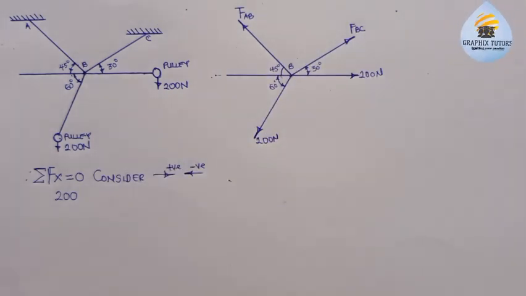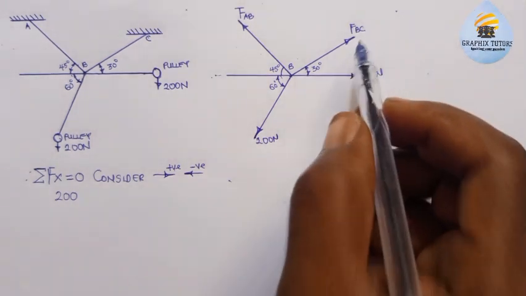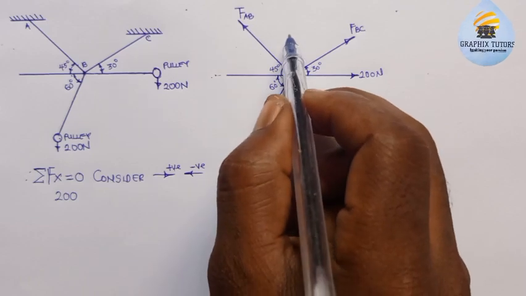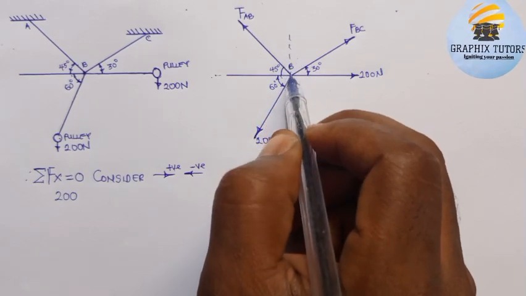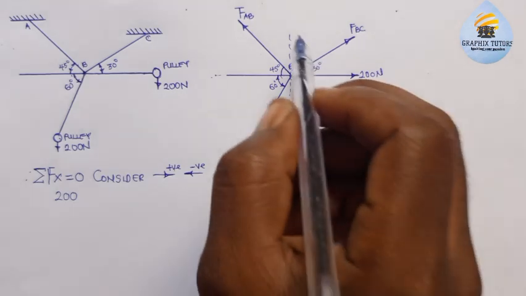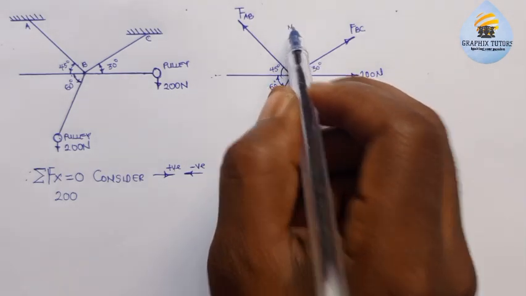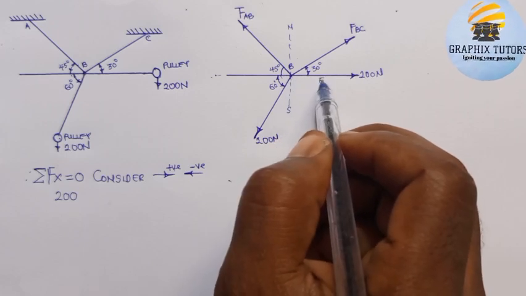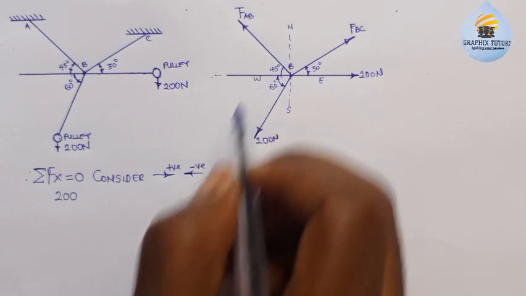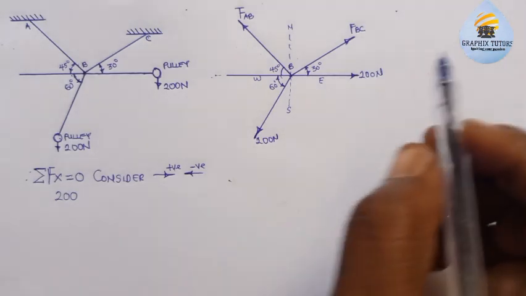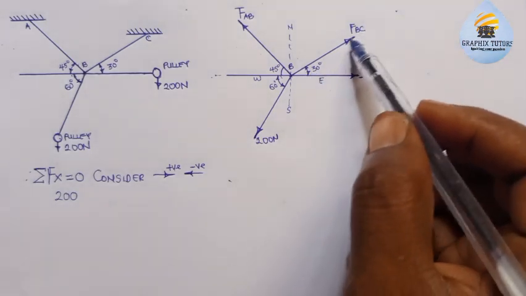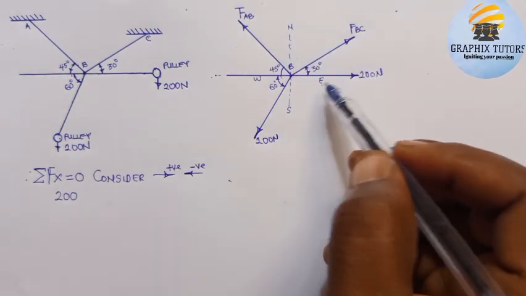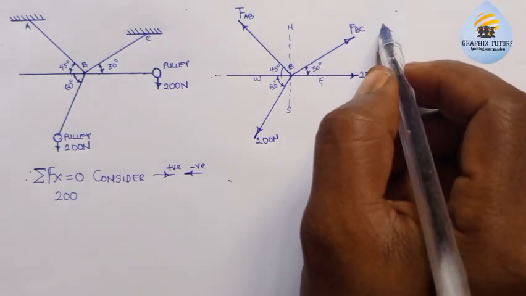I said earlier that if I want to resolve this, at this point here, you put your four cardinal points. Let's just assume here is the north, here is the south, this is the east, and here is the west. This inclined force is in between the north and the east, so I'm going to bring out the north and the east this way.